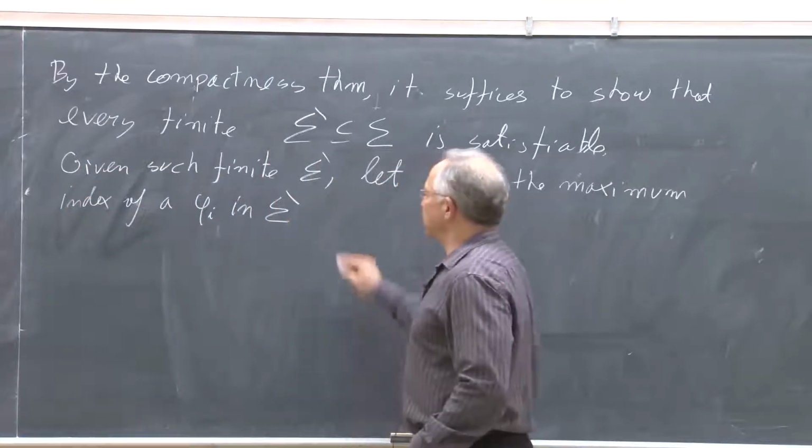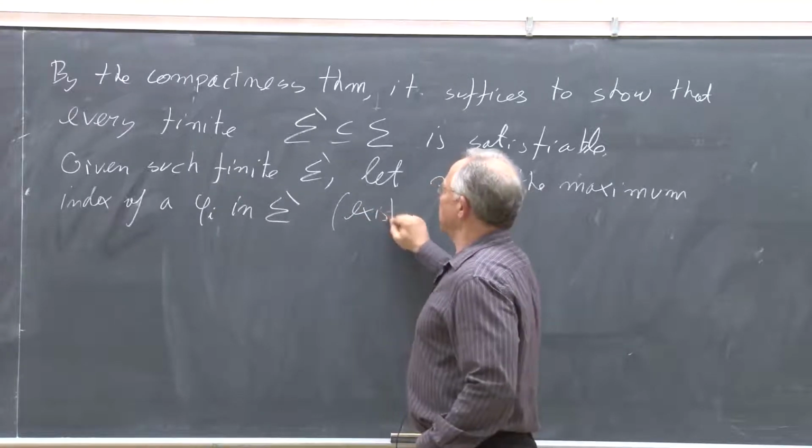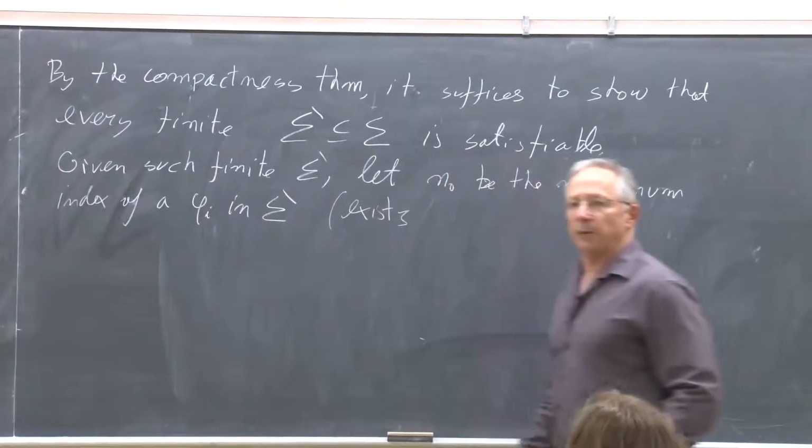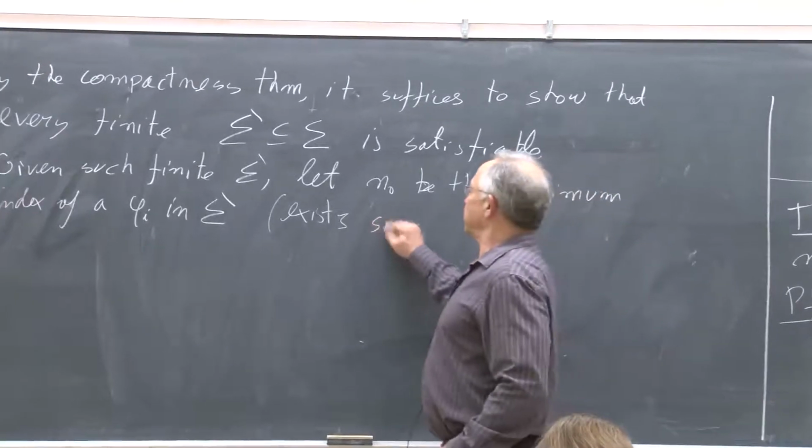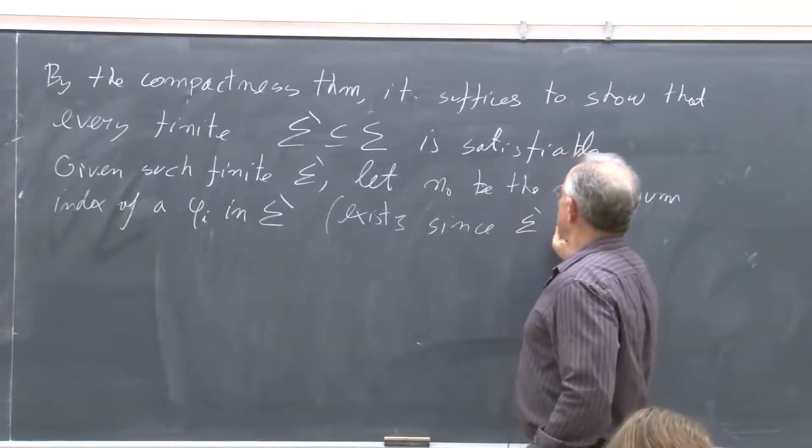And such an index exists. Why do I know that there is a maximal one? Because sigma prime is finite.